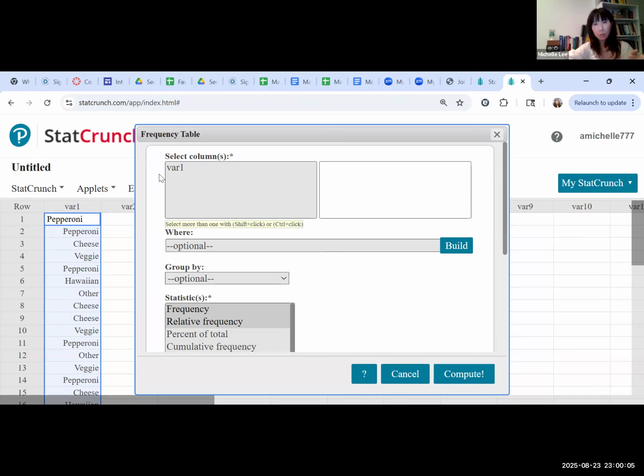So select a column here, var1, that means variable number 1, okay? So let's click that. Can you see that in the statistic, there is frequency, relative frequency. It's already highlighted. Yeah, so let's just compute.